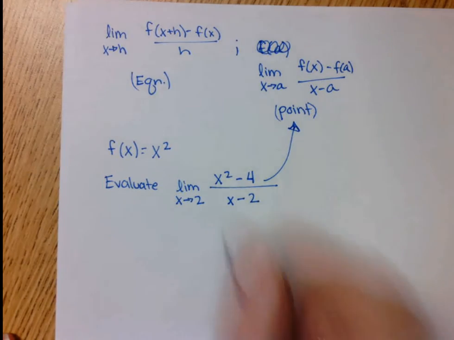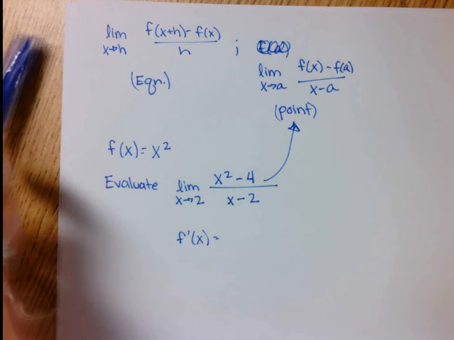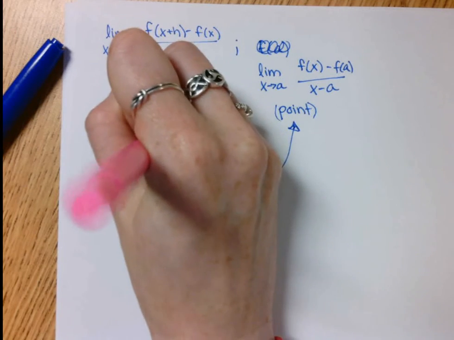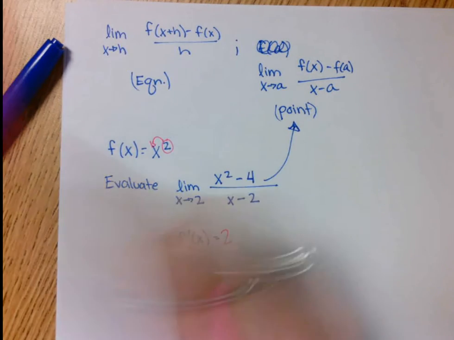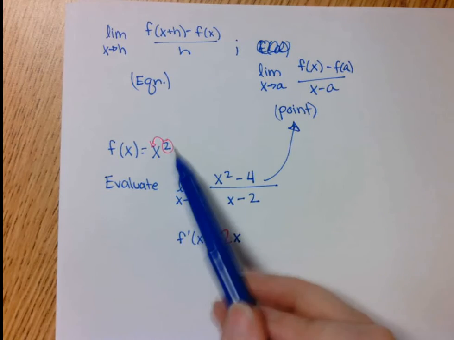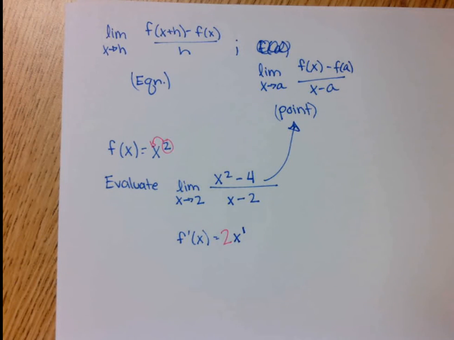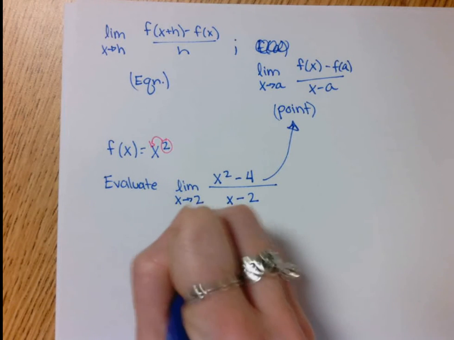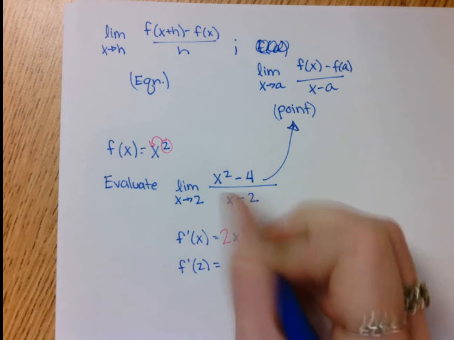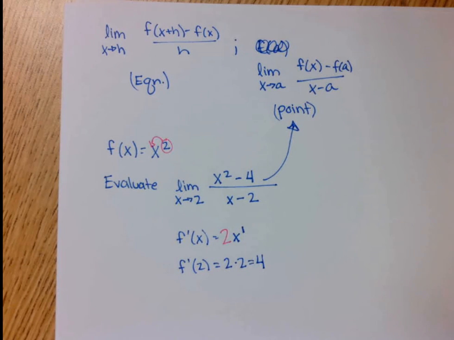So I could find f prime of x using the power rule. I take my power and bring it down in front, 2, and it's going to be x raised to 2 minus 1, or 1. So 2x. Now if they're saying we're evaluating that at 2, 2 times 2 gives me 4.